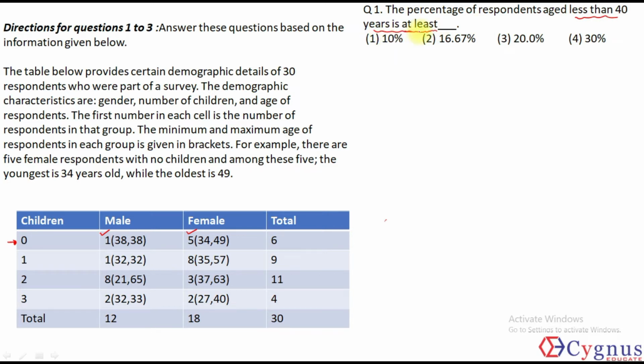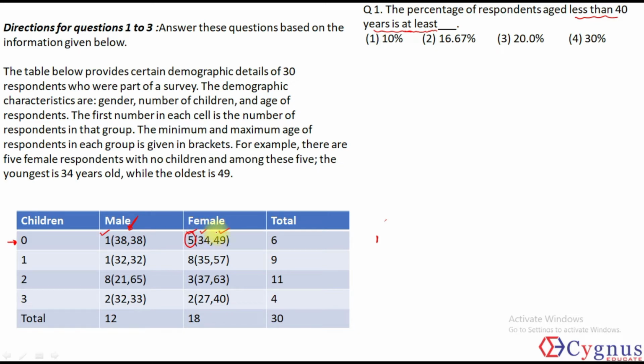So I'll try to make everyone's age more than 40, because I want to minimize the number of respondents whose age is less than 40. Here, only one person has responded and the minimum age is 38 and maximum is also 38. So I'll have to take one male here. What about females? There are 5 females. The minimum age is 34 and maximum is 49.